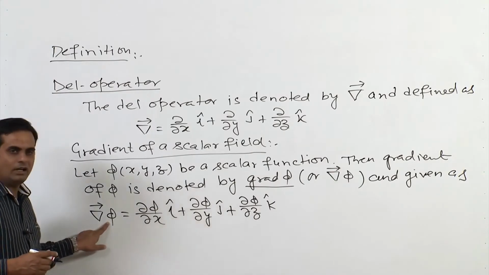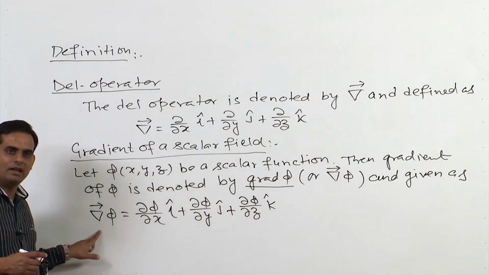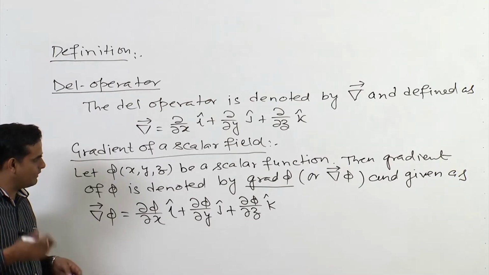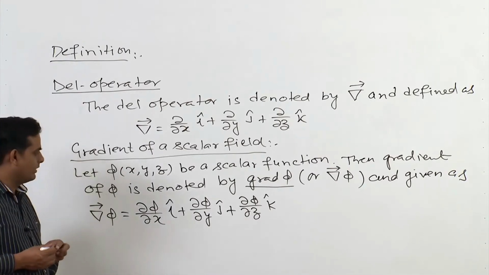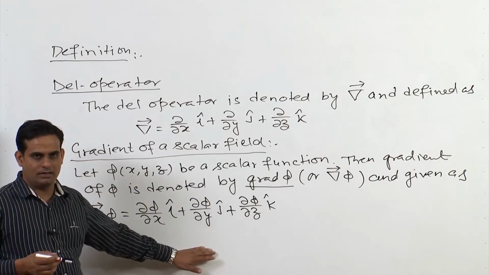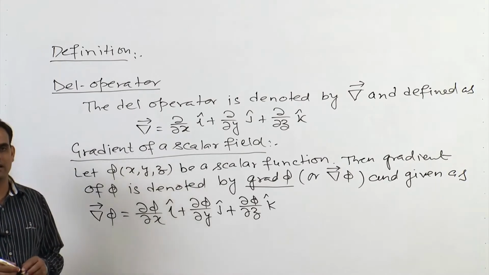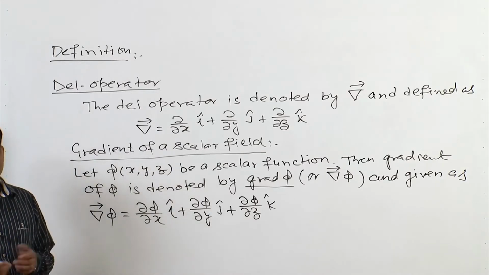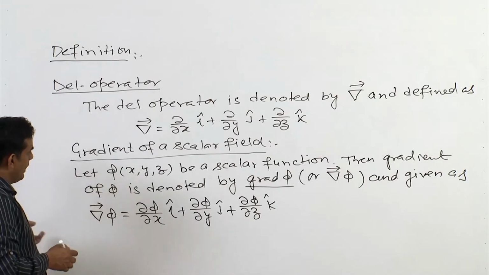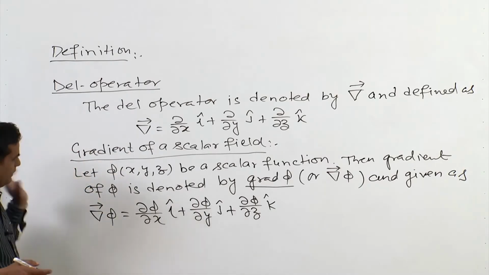So phi is a scalar function, but the gradient of phi, that is del phi, is a vector function. The gradient of a scalar function is a vector function, and it is defined in this way.